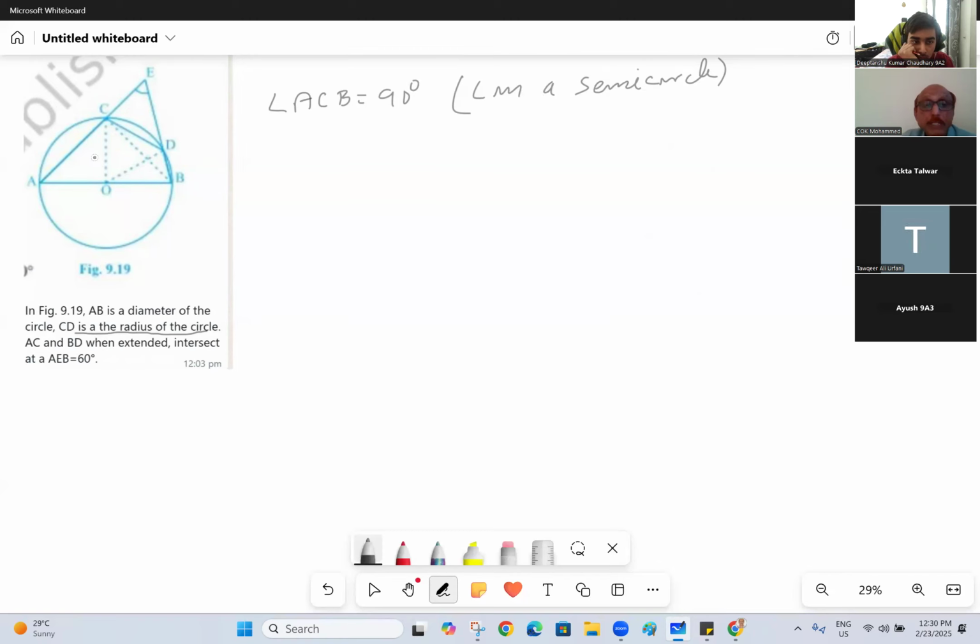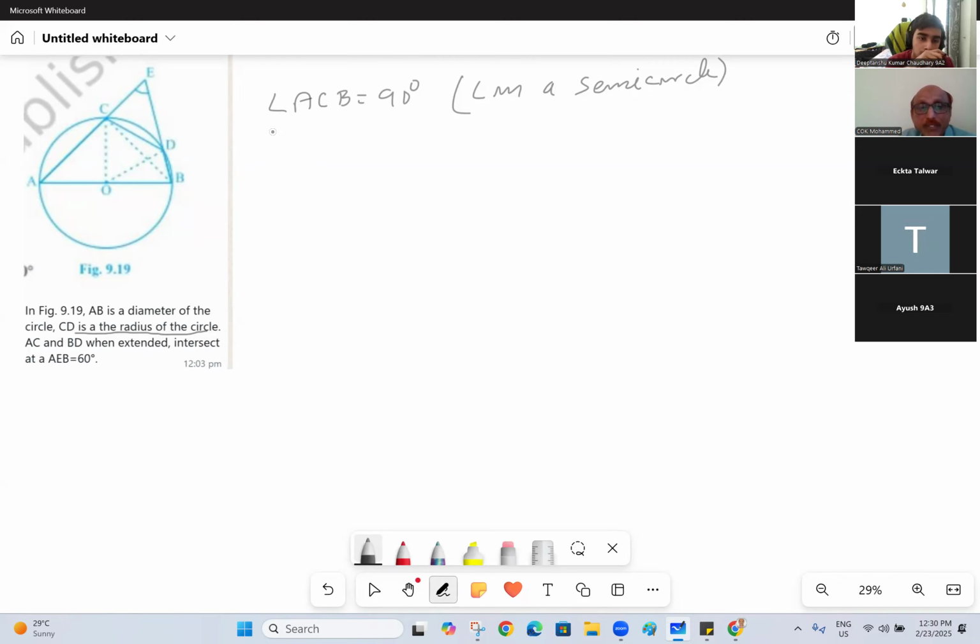Radius is the line joining the center to any point on the circle, but C is one point of the circle and D is another point of the circle. But what it implies is that if CO is equal to 6 centimeters, this is 6 centimeters and this also 6 centimeters. So CD is equal to the radius of the circle.